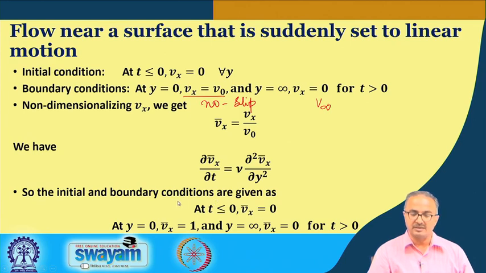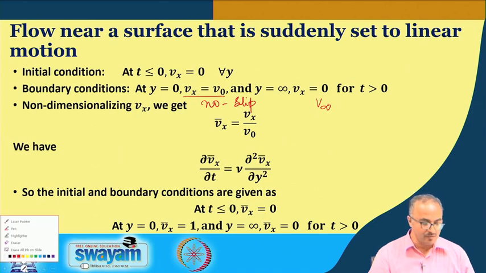Now we see that the initial condition is Vx over bar equal to 0 for time t less than or equal to 0, and for the boundary conditions, for y equal to 0, Vx over bar equal to 1, and at y equal to infinity, Vx over bar is equal to 0. So, we find that this is also a normalized velocity.